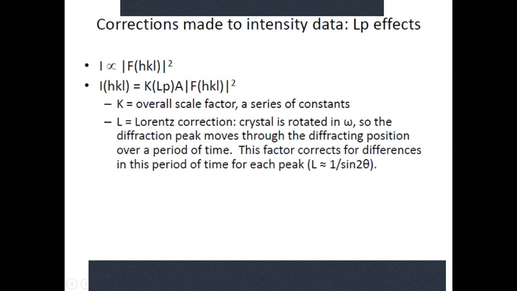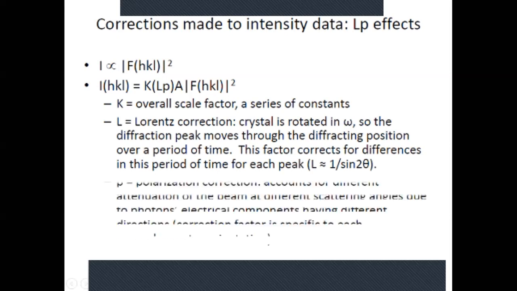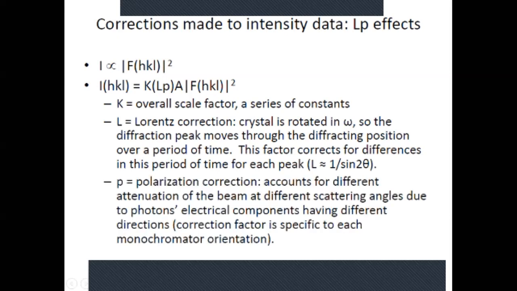So this accounts for when the crystal is rotated in omega. It accounts for the differences as the diffraction peak moves. These are all things you can adjust to help get better data. P is the polarization correction.